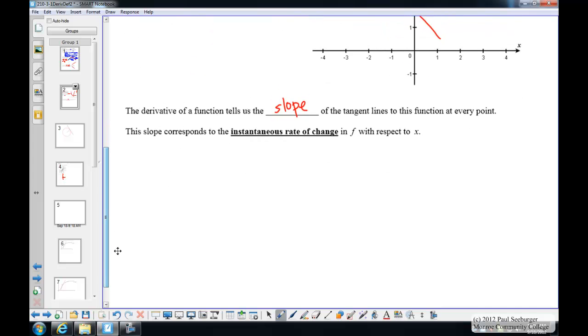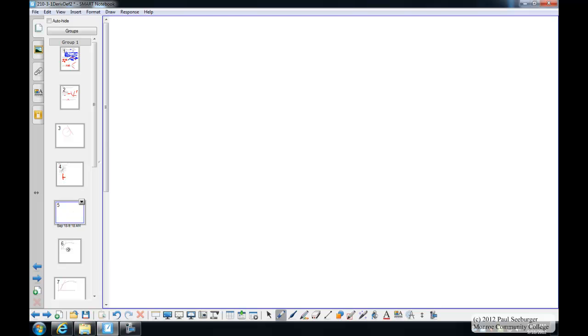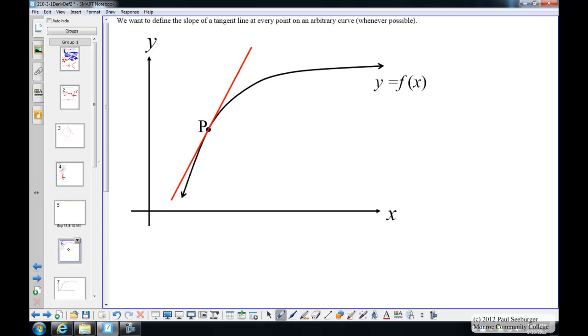All right, so we're ready now for the next page. Now what we want to do is actually define the slope of a tangent line at every point on an arbitrary curve. This has just been chosen arbitrarily as a function that makes the picture easy to work with. And we want to figure out how to write this function so that we actually get the slope of the tangent line at a value of x.